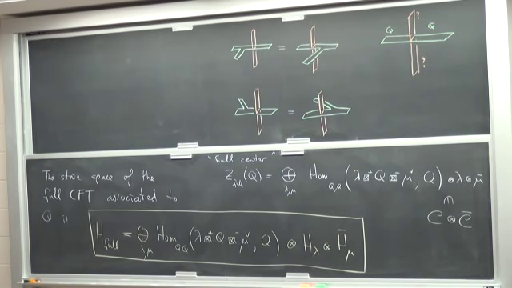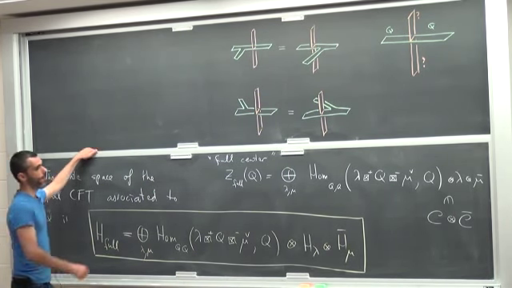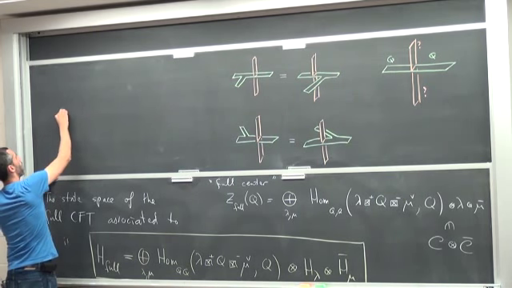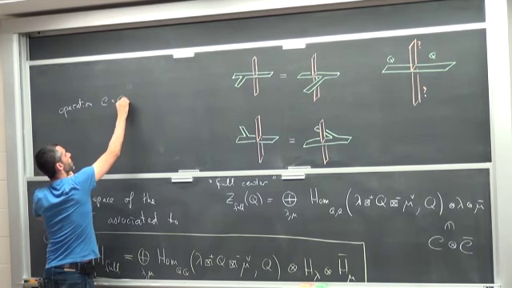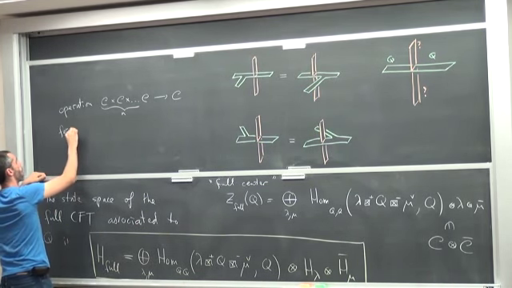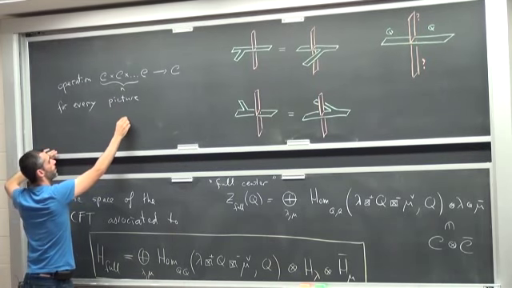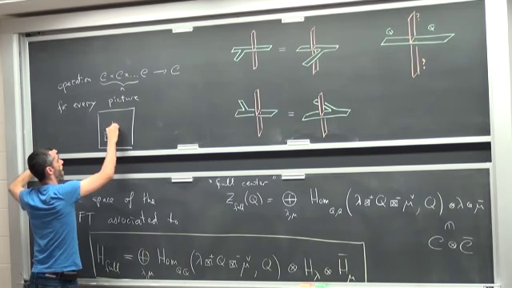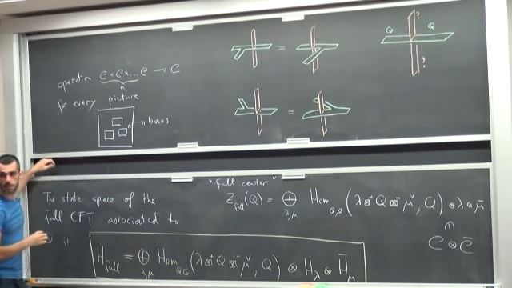But one way of thinking of a braided monoidal category is to say that I have an operation from C times n copies into C for every picture of the kind that I'm about to draw, with boxes sitting in a big box.